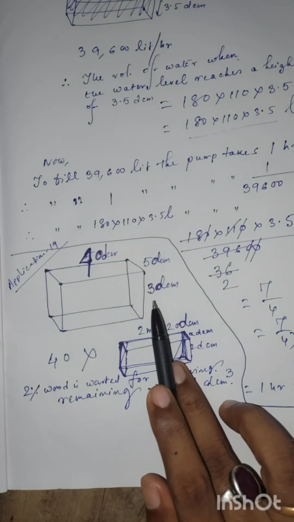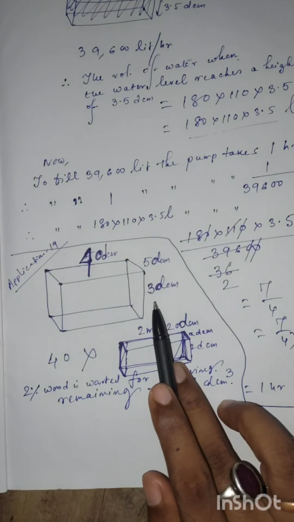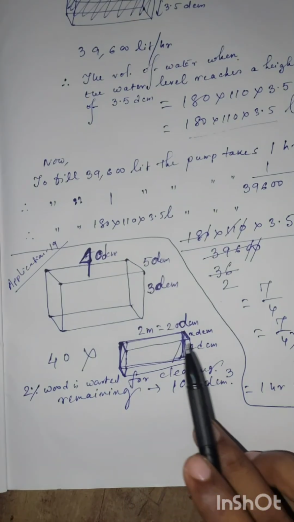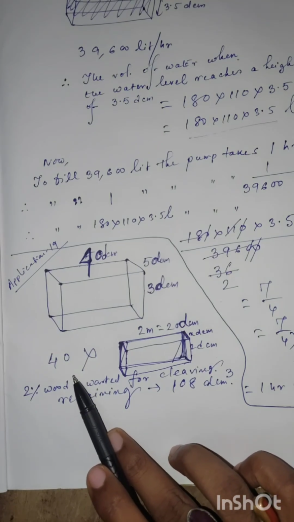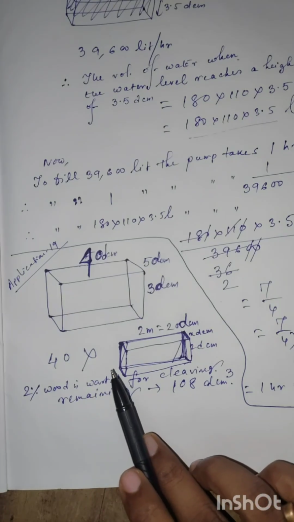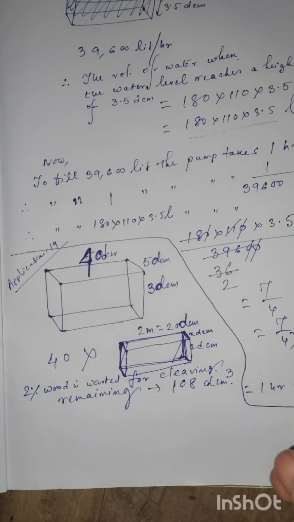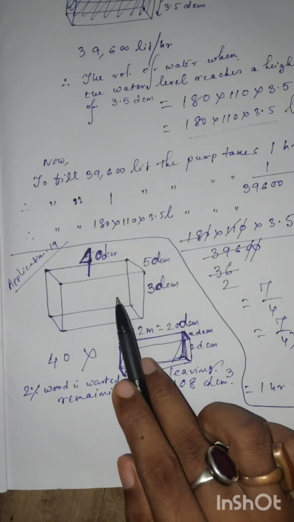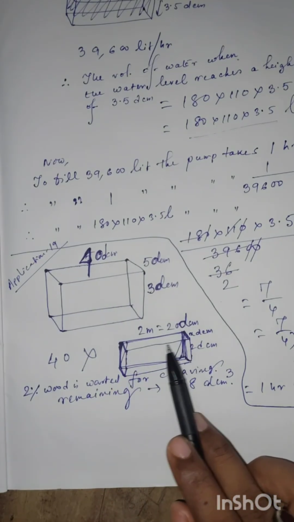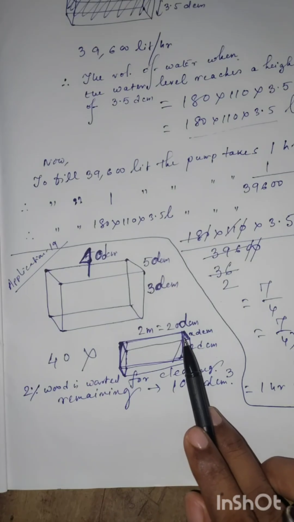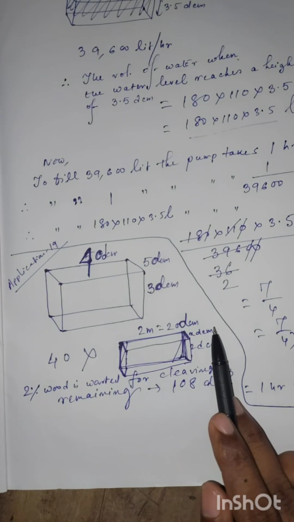From this we are cutting out 40 planks. Planks means wooden sheets. So we are cutting 40 planks from this block, and the length of each plank is 2 meter, that means 20 decimeter.